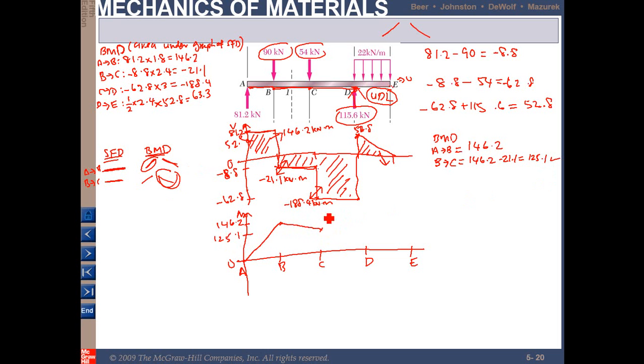Okay. Similarly, from C to D, it's still a constant straight line like this. So the bending moment diagram will be either like this or like this. So at point D, because it is minus 188.4, from C to D you have to subtract from this value 125.1 minus 188.4.